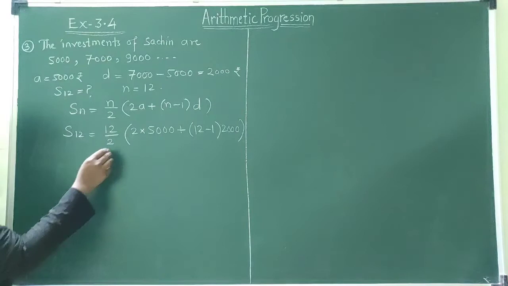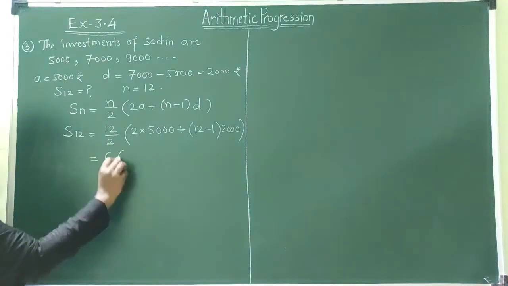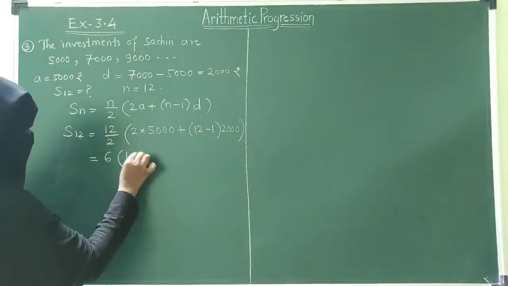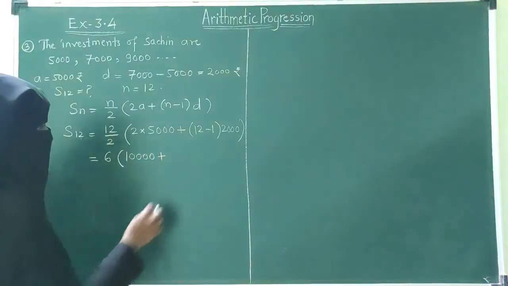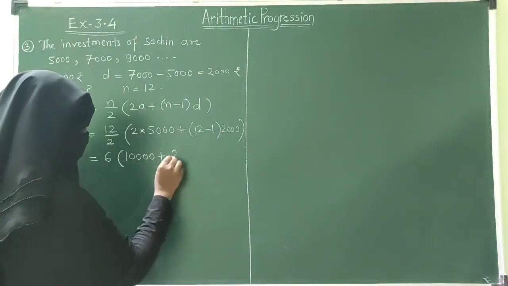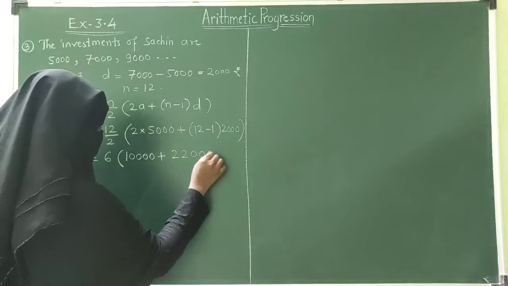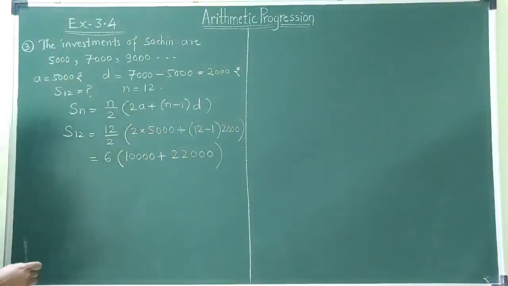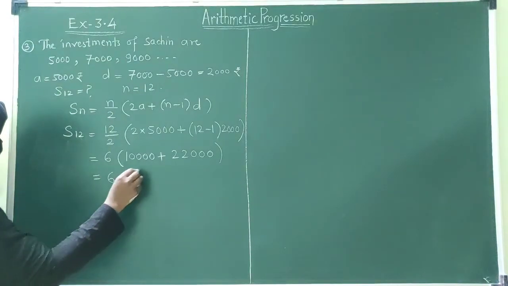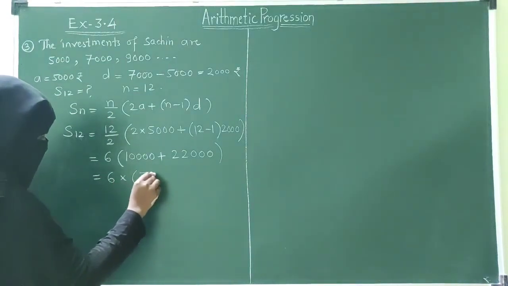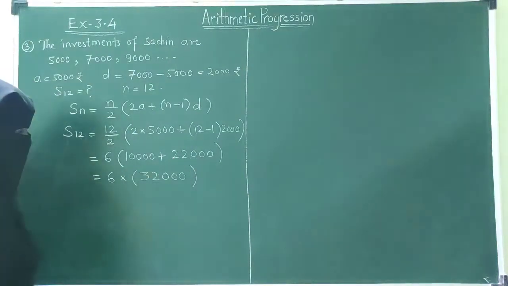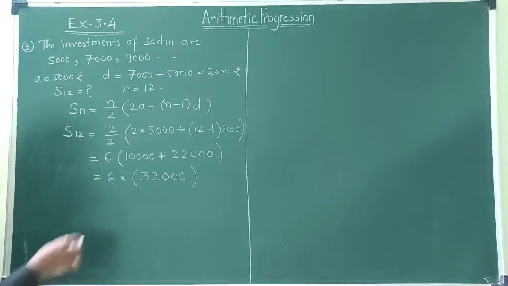Dividing by 2 we get here 6 into bracket 5,000 into 2 we get 10,000 plus 12 minus 1, 11 into 2, 22,000. Adding these two, 10,000 plus 22,000 we get 32,000.